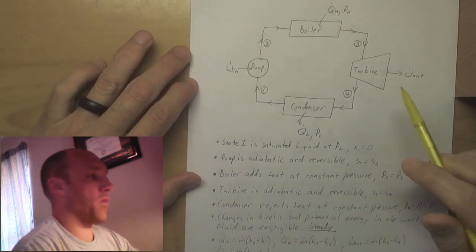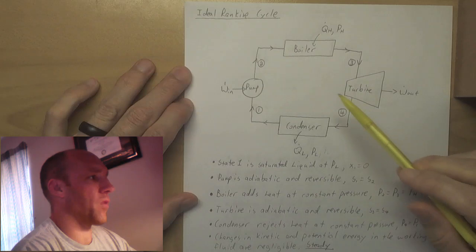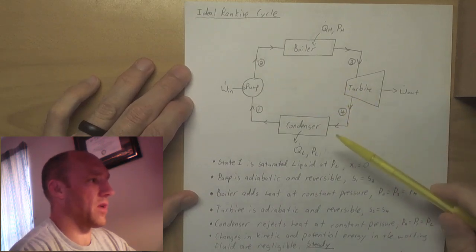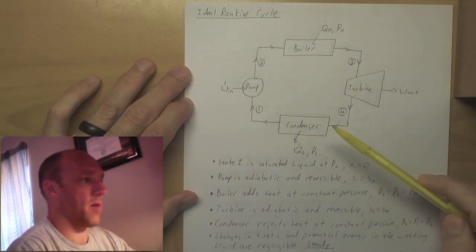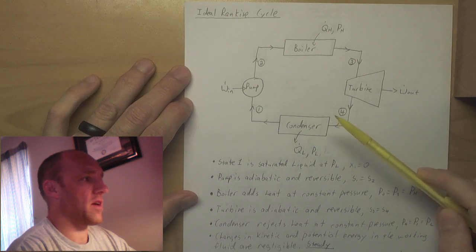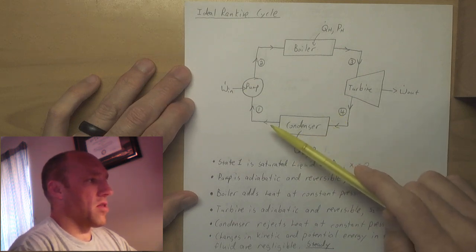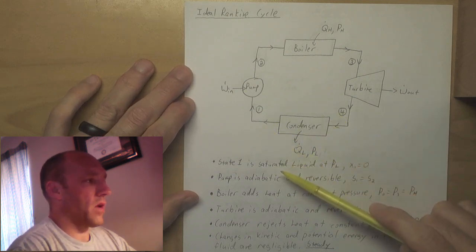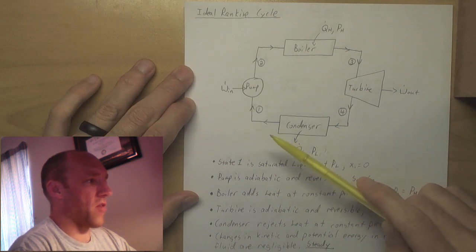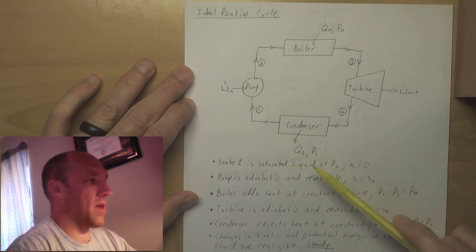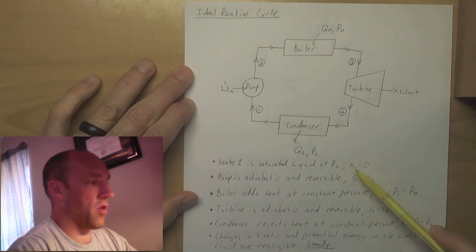So the cycle itself for the ideal Rankine cycle consists of these four devices operated in series. Okay. State one is a saturated liquid. What that means is the quality is zero.